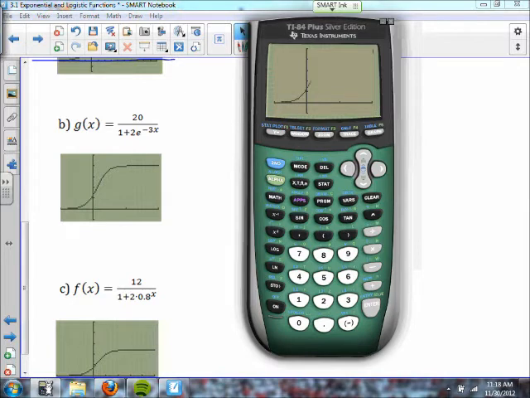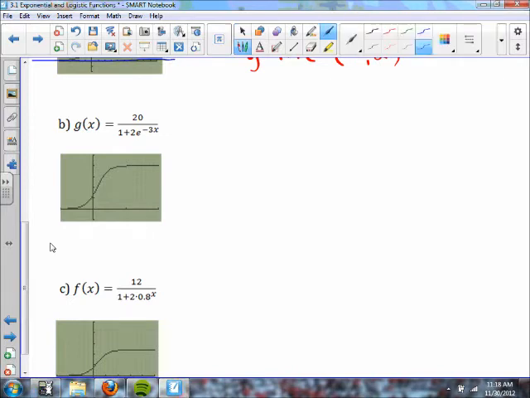You graph that, you get something that looks like this. All right. Now, again, horizontal asymptotes. First one is going to be y equals 0. What's my second one going to be? Y equals 20.